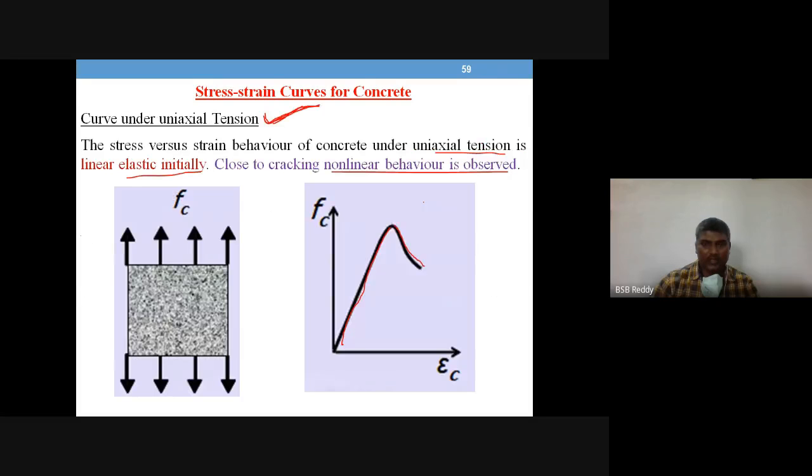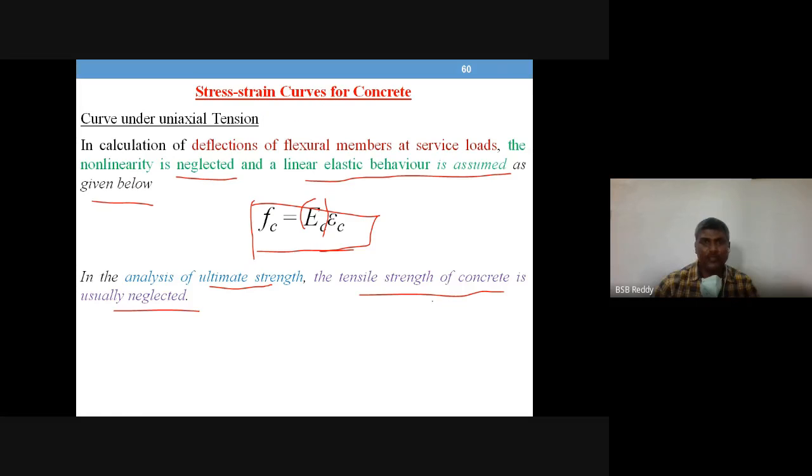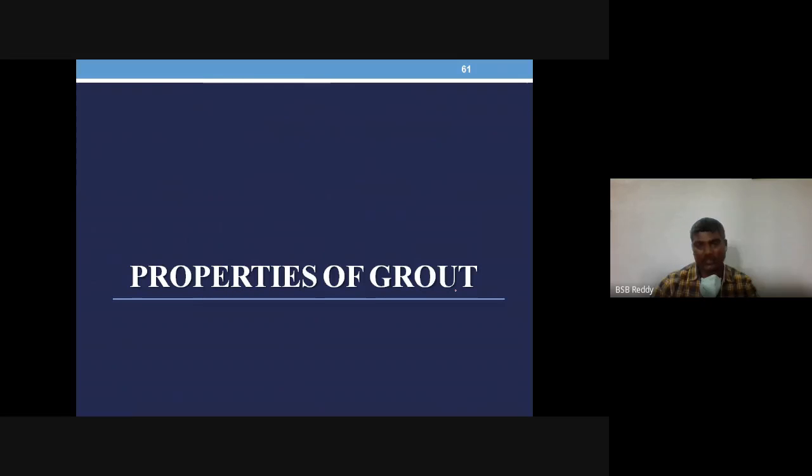And under tension, you have the curve, linear and then non-linear, and a simple equation assuming linear behavior and neglecting the strength of concrete in tension. That's about the properties of hardened concrete and high strength concrete which we have studied till date.